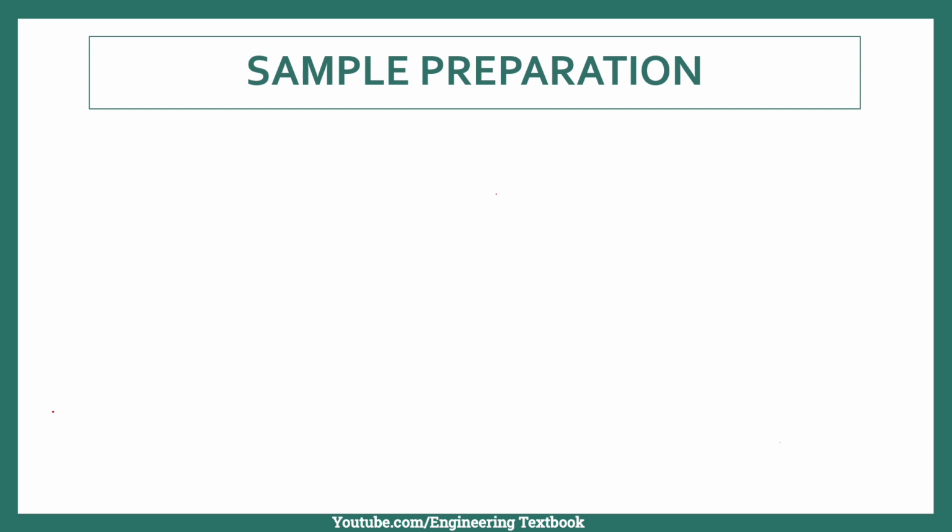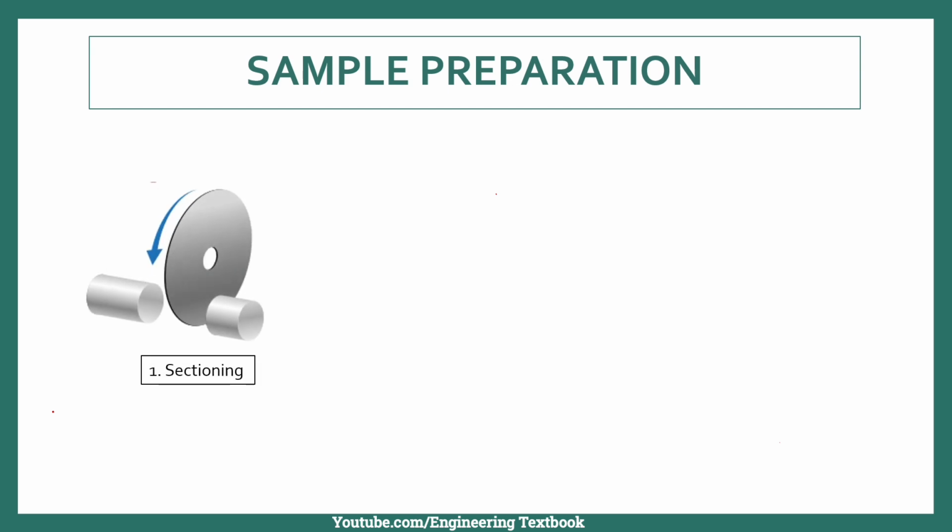So, continuing with our steps, the first step of sample preparation is sectioning. As you see in the figure, it is the cutting of material with the help of a circular cutter.